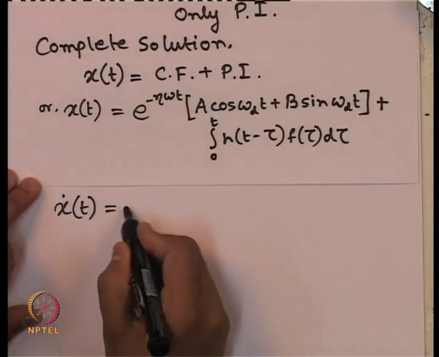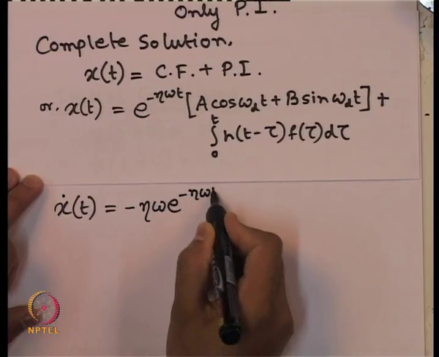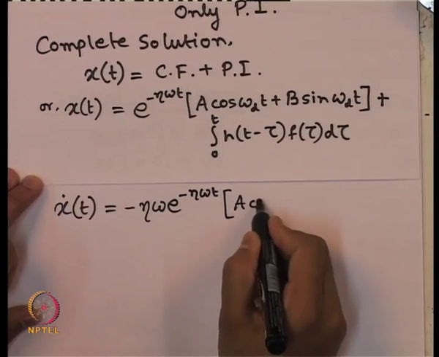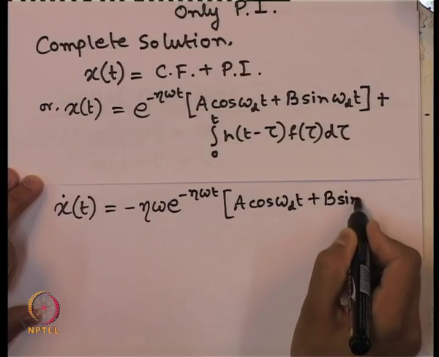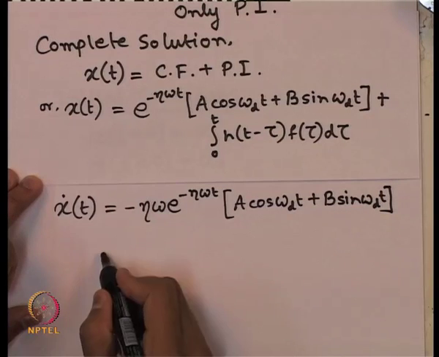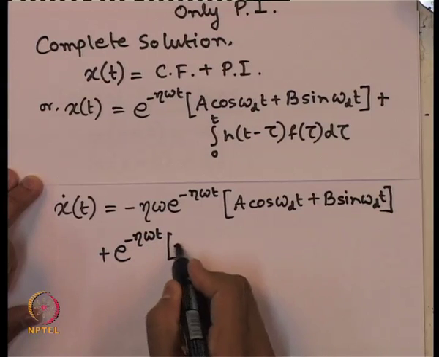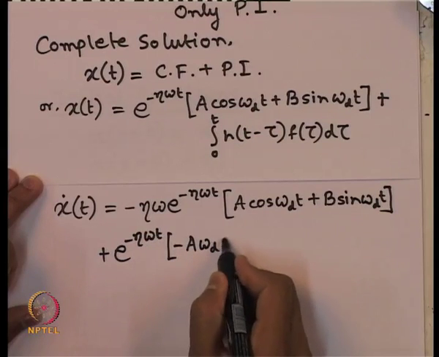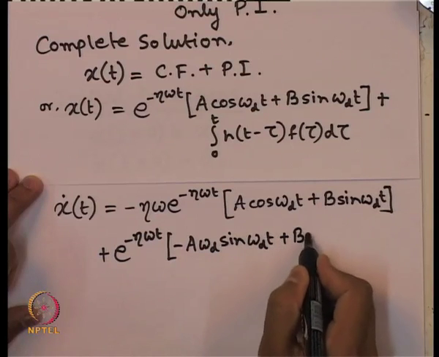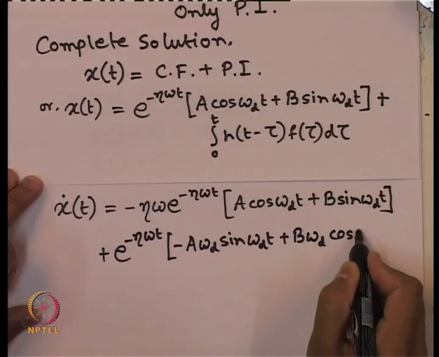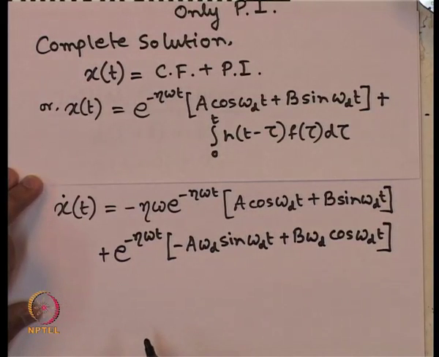So, I should get minus eta omega e to the power minus eta omega t times a cosine omega d t plus b sine omega d t, plus e to the power minus eta omega t times minus a omega d sine of omega d t plus b omega d cosine of omega d t. And then this particular integral part I am differentiating with respect to time.